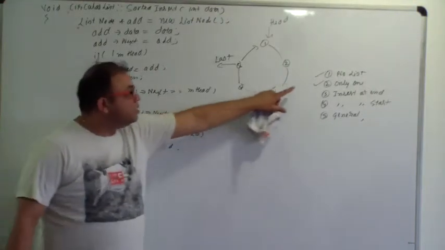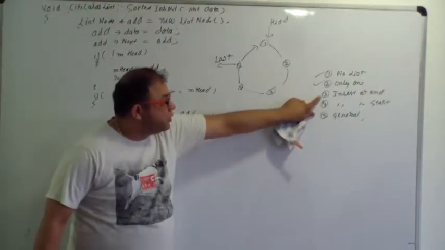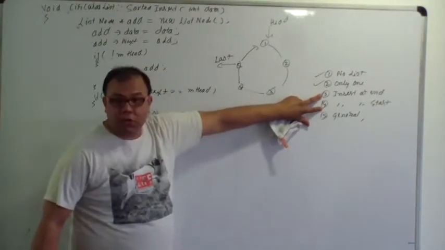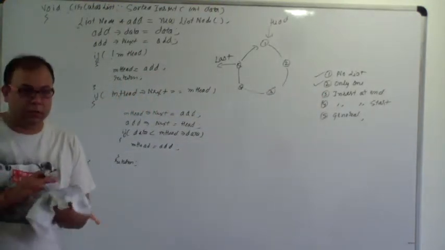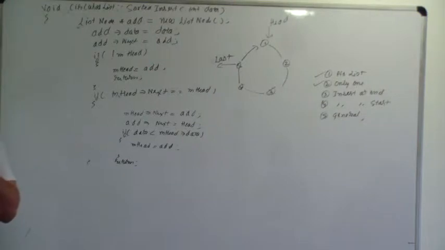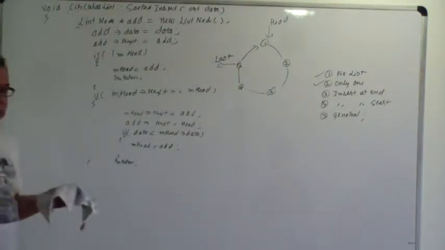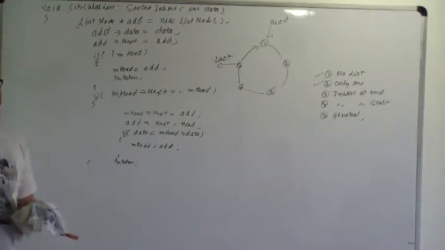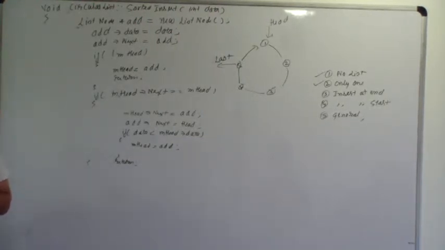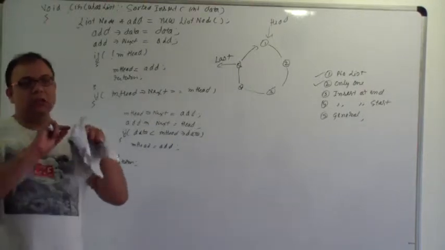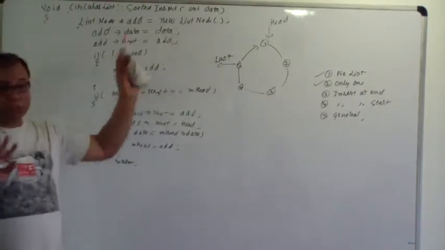So we'll first figure out these two conditions. Then we'll figure out if we have to insert in the last or the start, and then we'll do the general condition. Okay. So to get the last and head, either we can have them in a class or we can have a function which will return which one is my head, which one is my last. So the function that I wrote in the program has a function called getLastNode. So that returns you the last node.